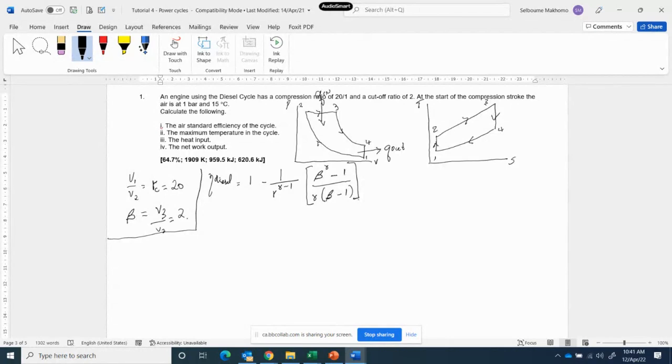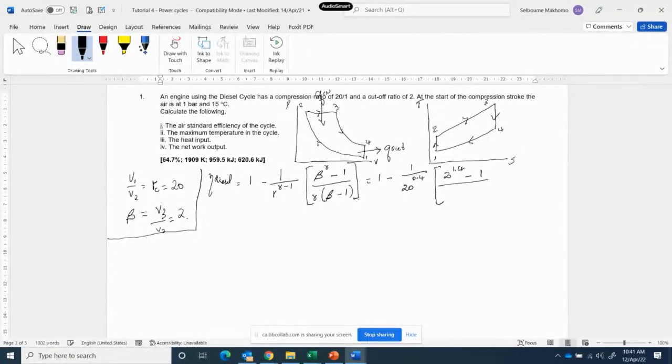We have all the information, there's no need to calculate anything. So we say 1 minus 1 over 20 to the power 0.4, multiplied by 2.